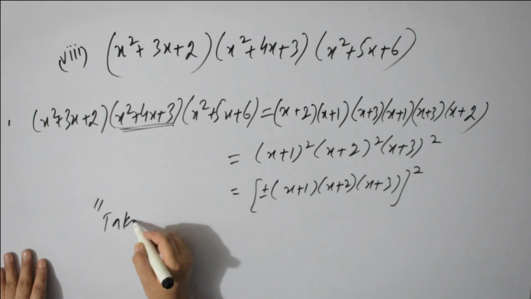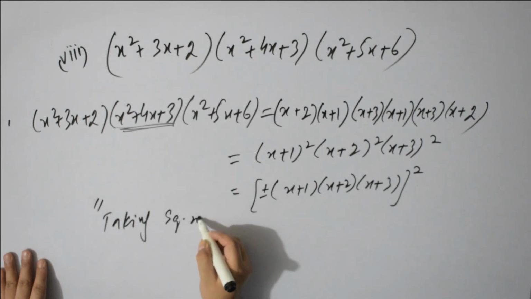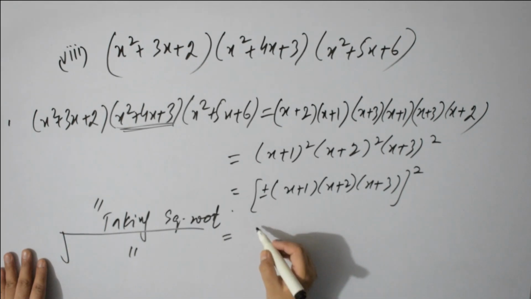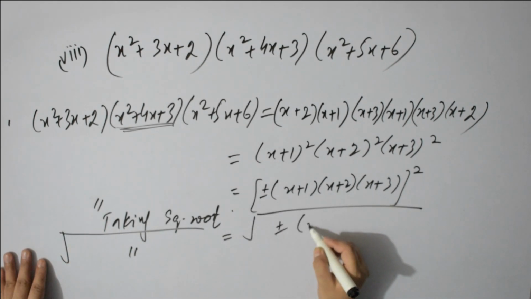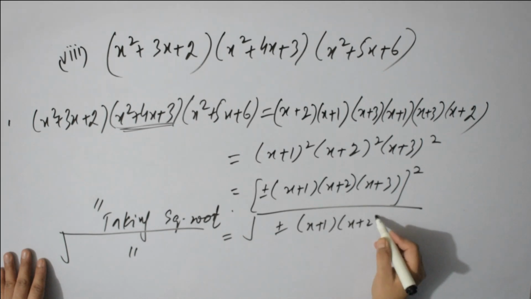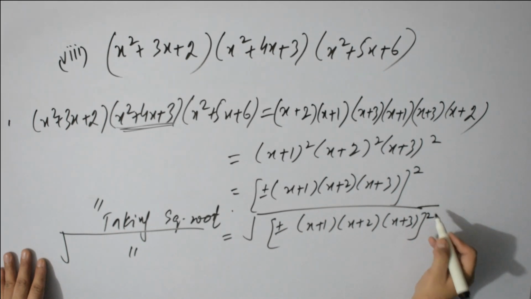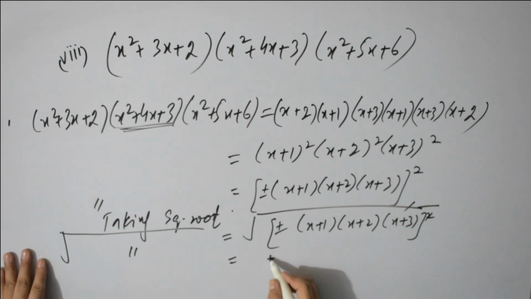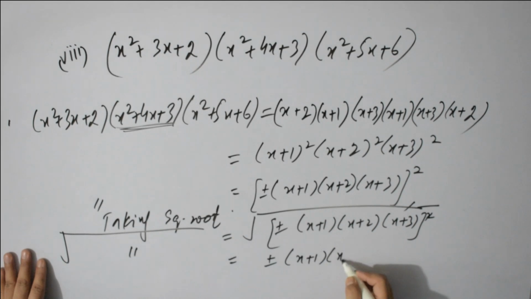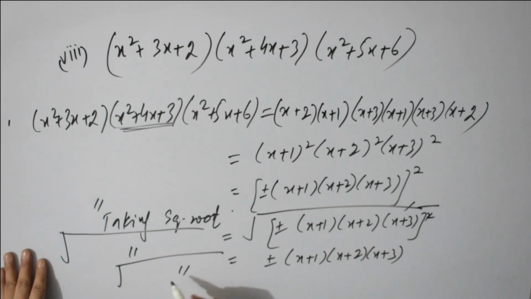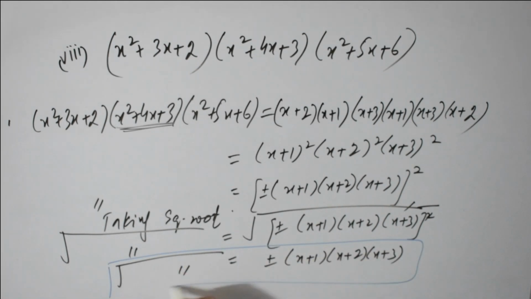So taking the square root on both sides, take the square root here also, and over here this is a whole square, so the square cancels with this, so plus minus (x plus 1)(x plus 2)(x plus 3). This is your answer of the second last part, 8th.